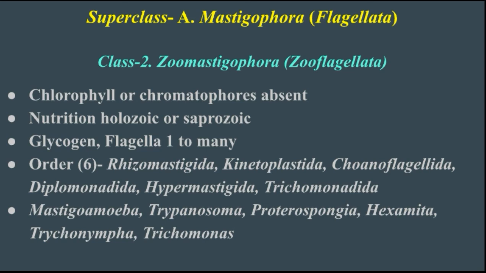That is one more difference. The Zoomastigophora animals are heterotrophic animals. Those totally depend on other food materials, and do not prepare their own food materials. That's why the chlorophyll or chromatophore is absent. As well as in the nutrition part, the nutrition is holozoic or saprozoic.